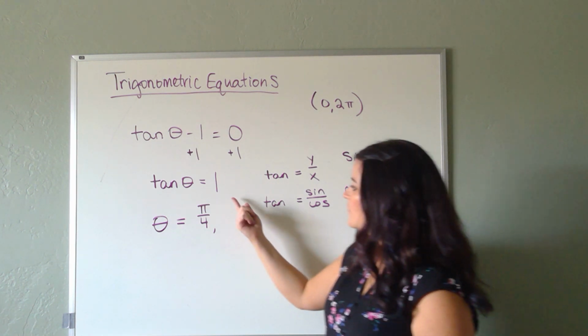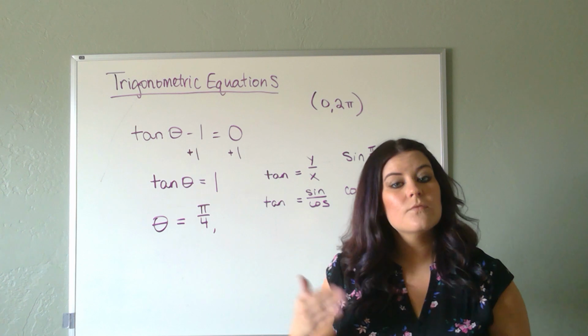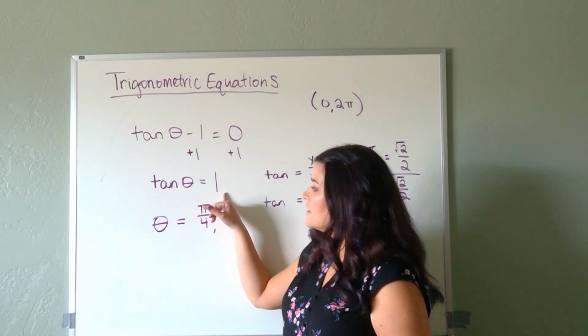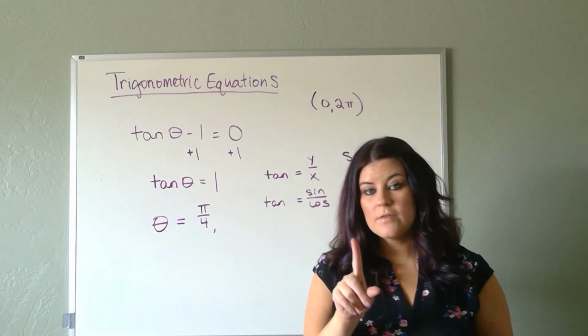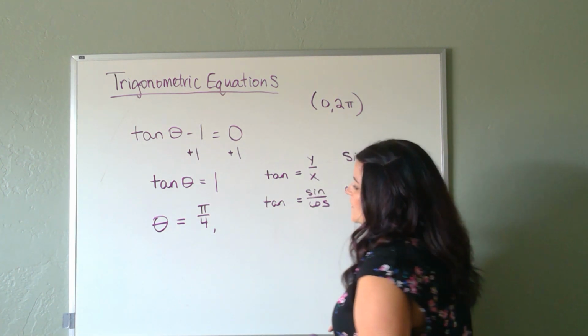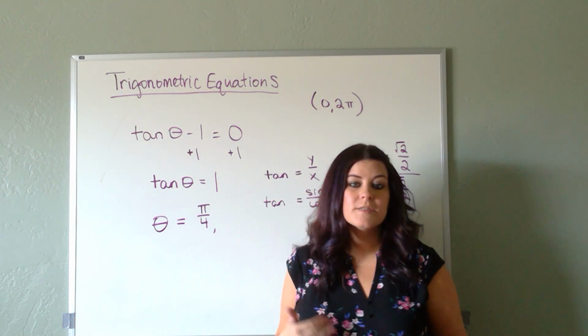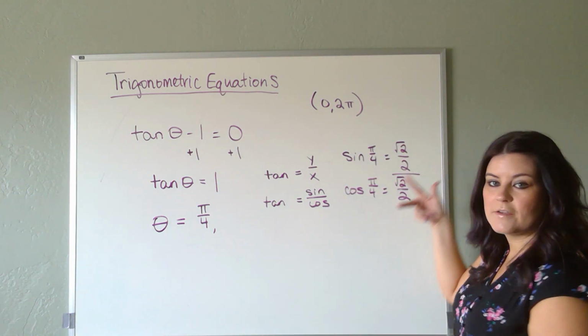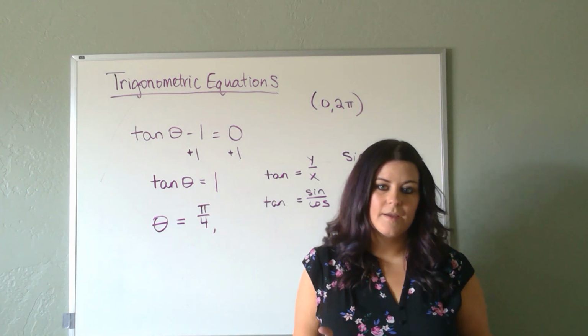So if you're looking for a tangent that equals 1, looking for those places where sine and cosine are the same. Now, tangent equals +1 in one other place. You guys, in the third quadrant, where sine and cosine are both negative, you would put them over each other and they would become +1 again.